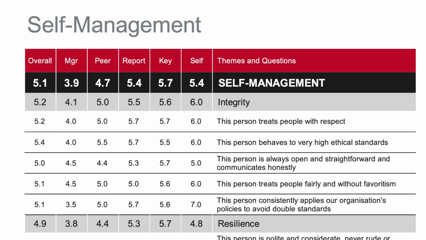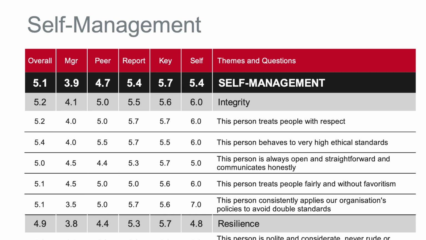I'll use self-management as an example here. What becomes very obvious is his overall rating is 5.1 for self-management. His managers rate him 3.9. His peers rate him 4.7. His reports rate him 5.4, but the key stakeholders rate him at 5.7.